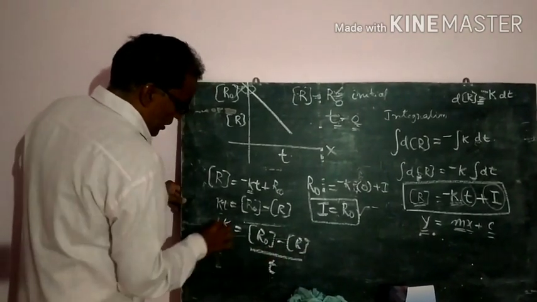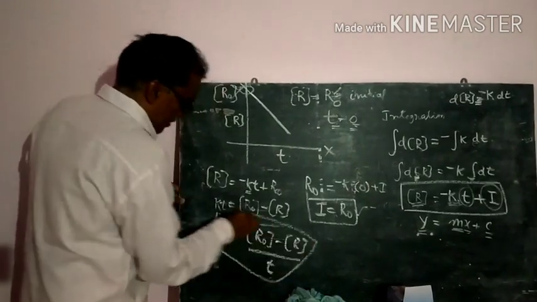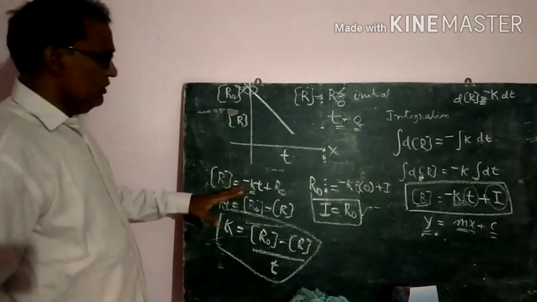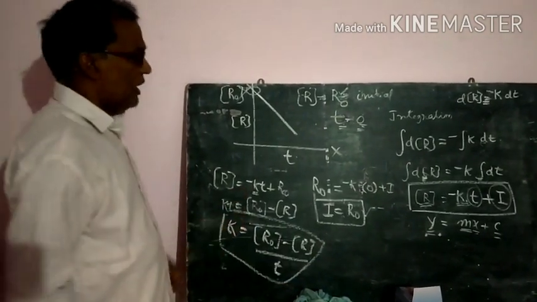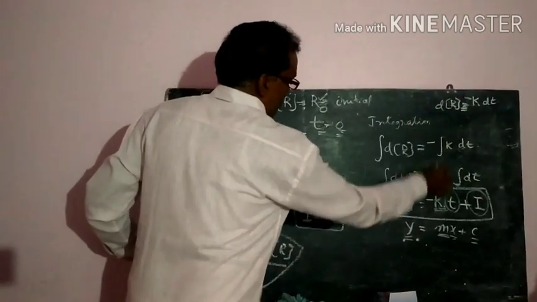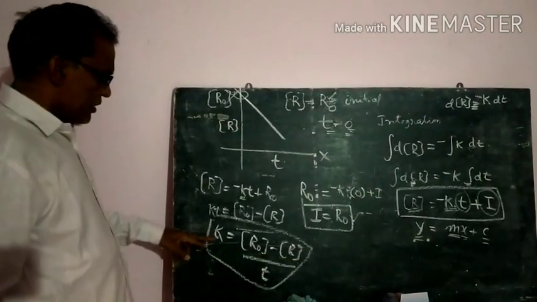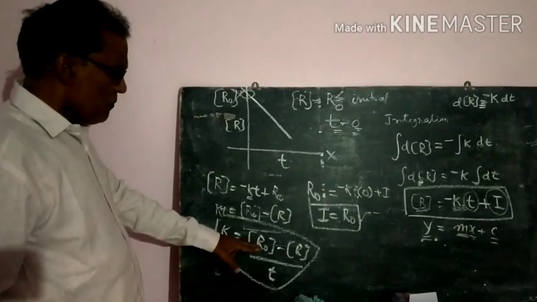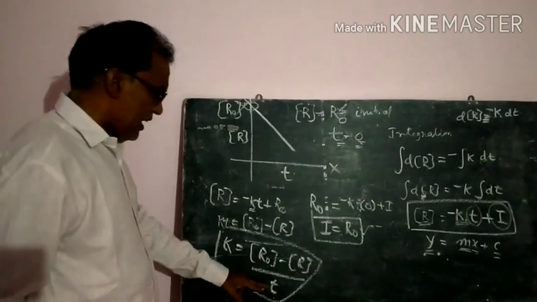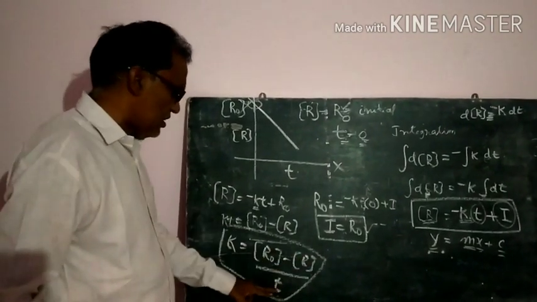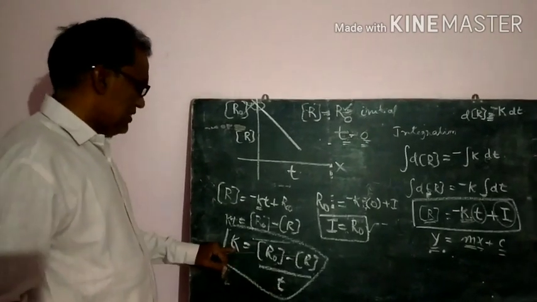This is the formula to calculate the k value for the zero order reaction, because we got this value for the zero order reaction only. So k for a zero order reaction is R0 minus R by t, initial concentration minus final concentration by time taken. So this is the value k.